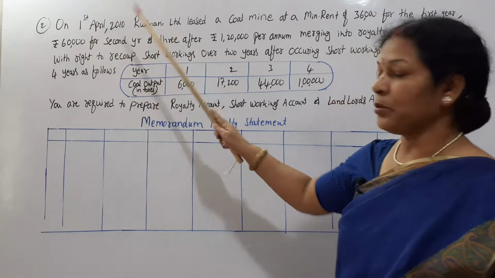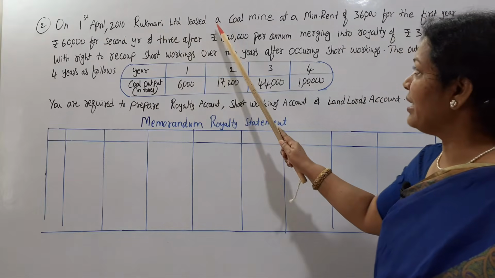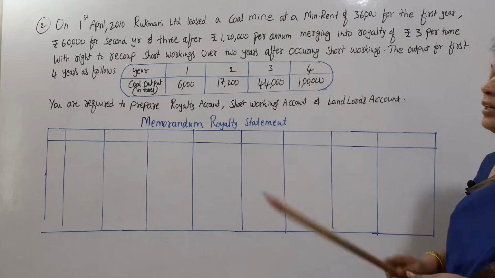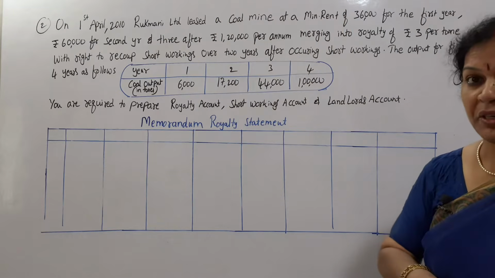On 1st April 2010, Rukmini Limited leased a coal mine at a minimum rent of 36,000. Whatever is required, we will underline it.